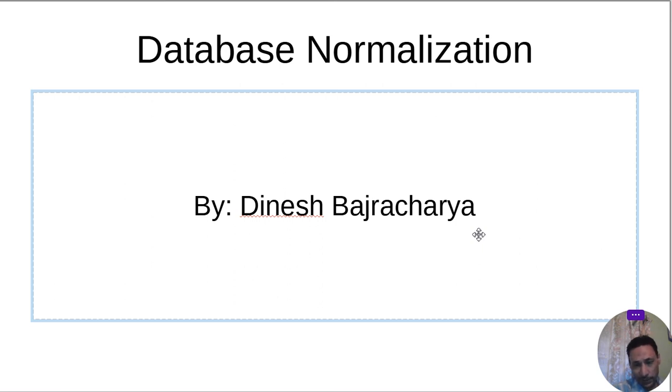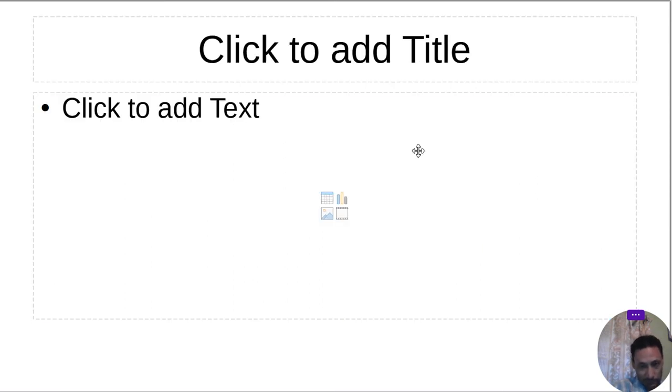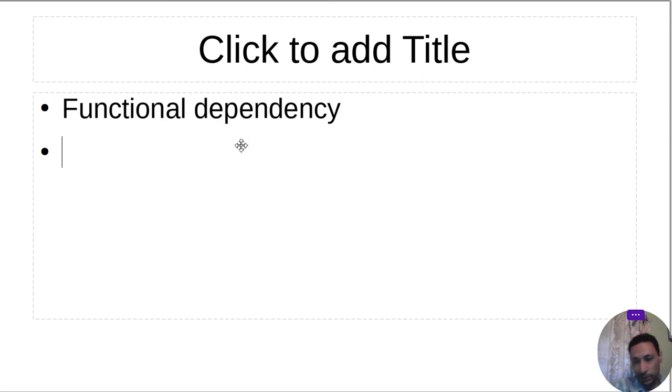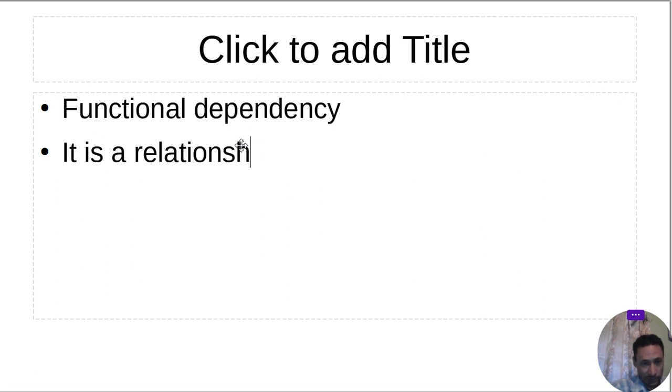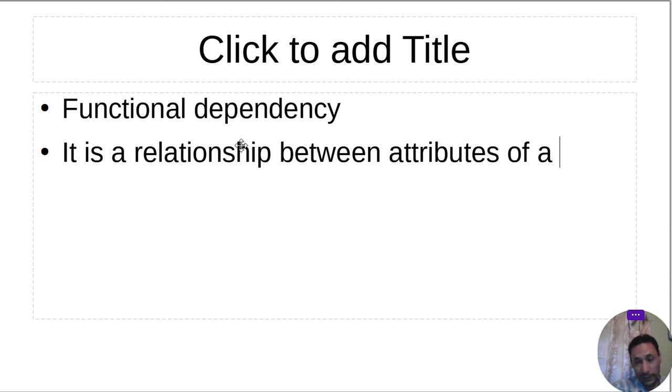In order to understand normalization, we have to understand functional dependency. What is functional dependency? The functional dependency is a relationship between different attributes of an object. Simply remember that it is a relationship between attributes of an object.